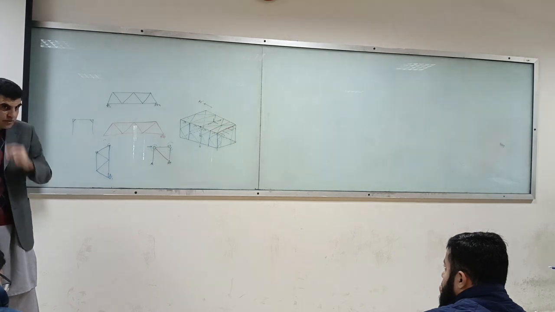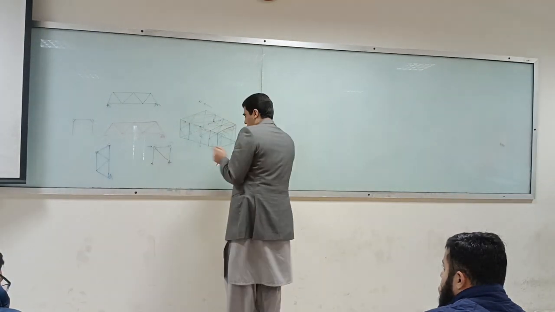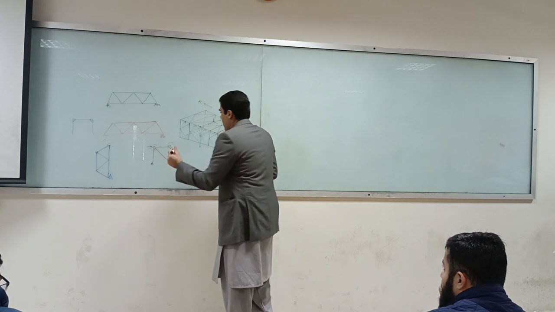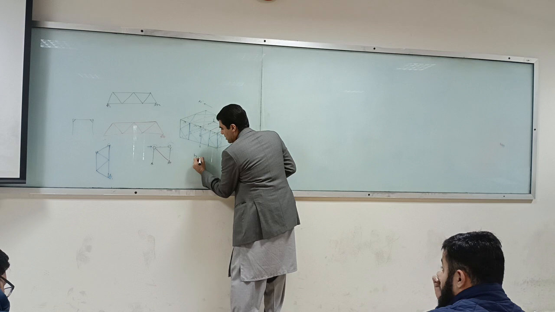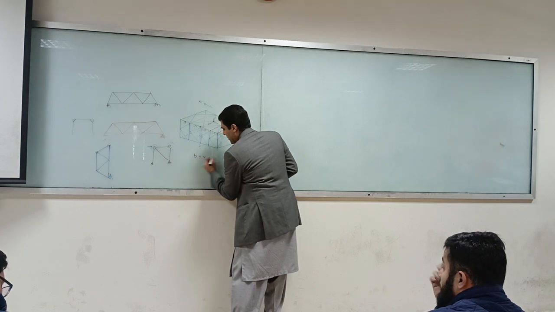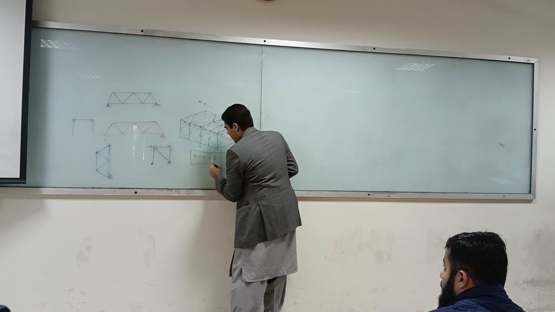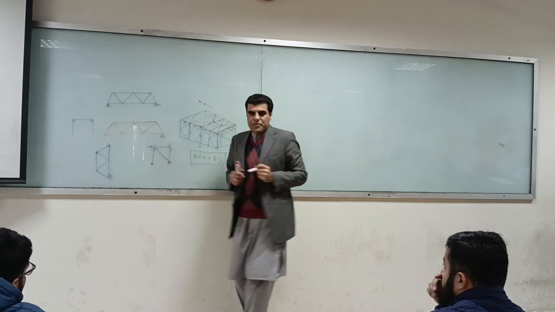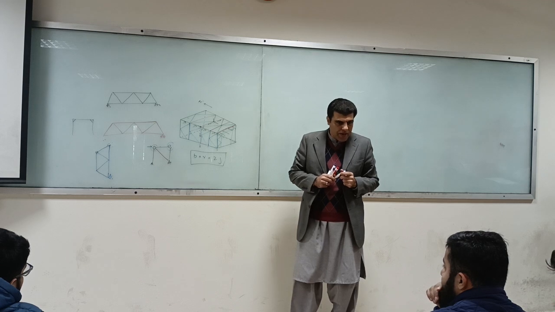Shall we move forward? Okay, now we have this formula: B plus R is equal to 2J. This is a formula which tells you whether it's a determinate truss, indeterminate truss, stable truss, or unstable truss.